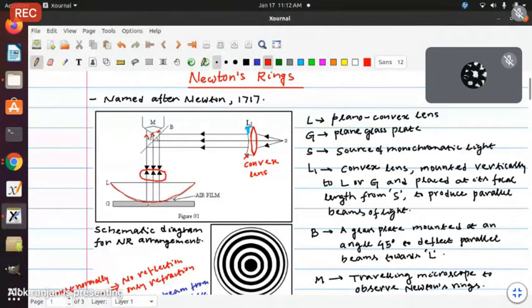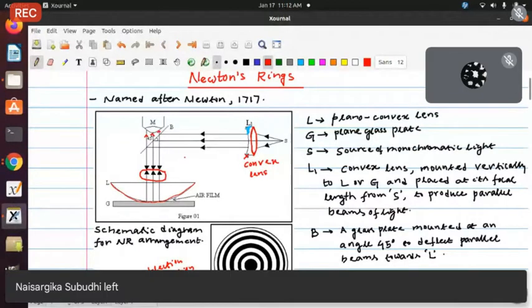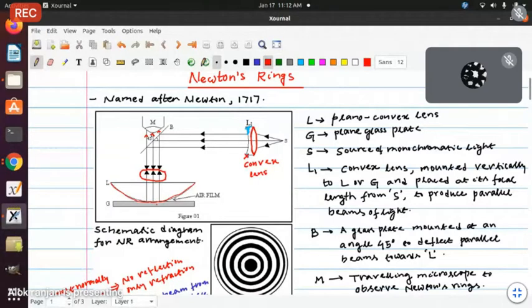At the bottom, below the convex side of this plano-convex lens, we have a glass plate, namely G. Do remember, whenever you use any notation or symbol, you have to mention it. For example, L stands for the plano-convex lens, G stands for the plane glass plate. These two are important components in the Newton's rings experiment.